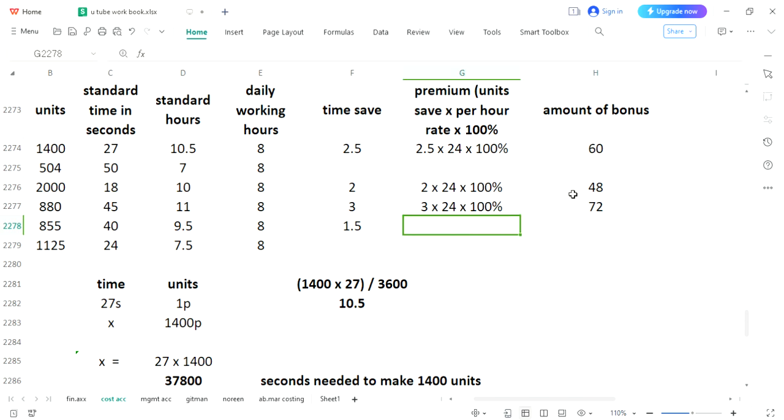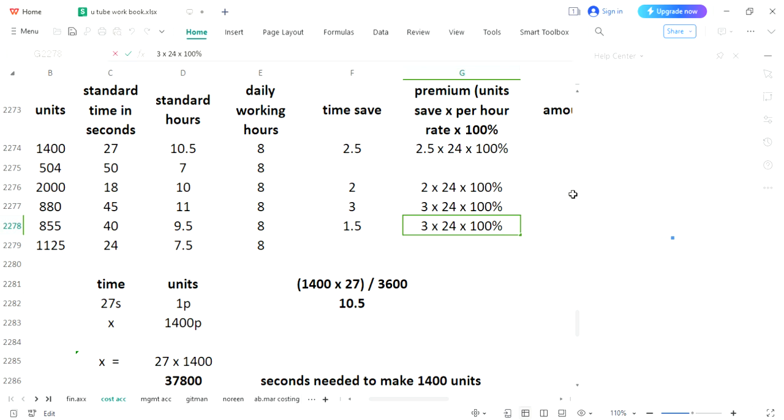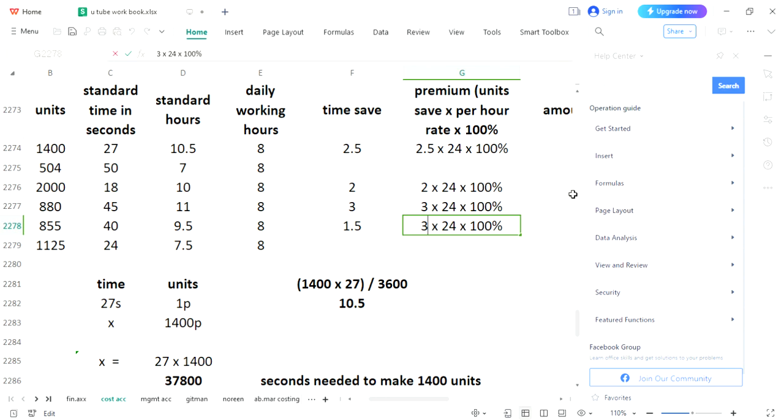Then on the next day we have the same calculations present over here except the working hours, and you can see that hours saved were 1.5.